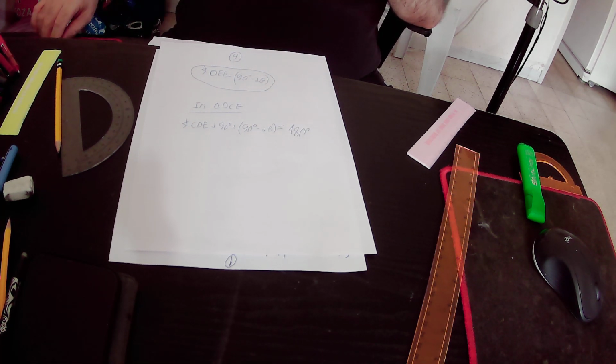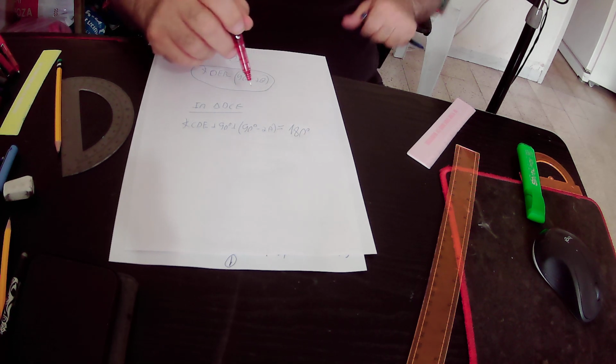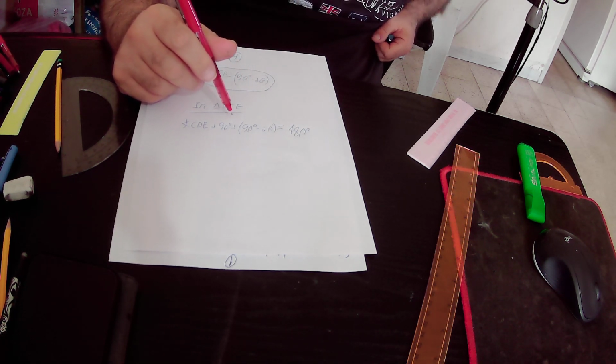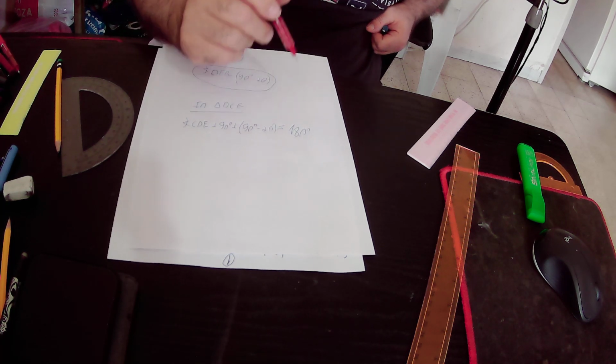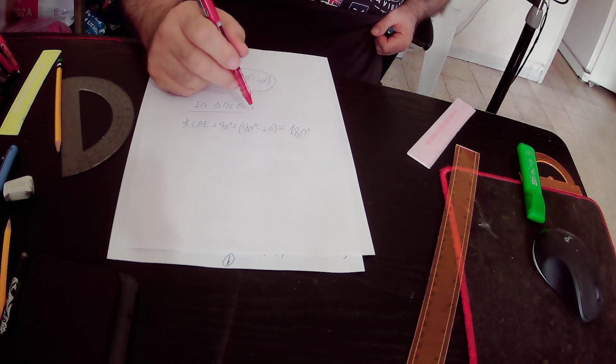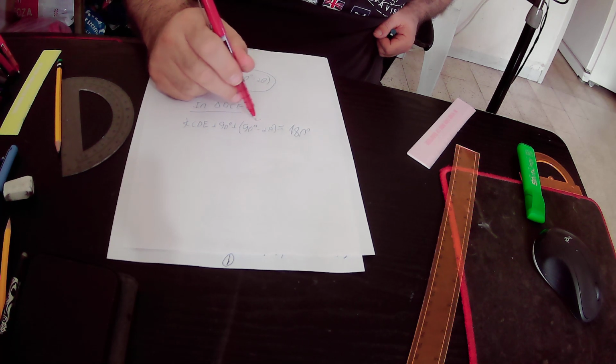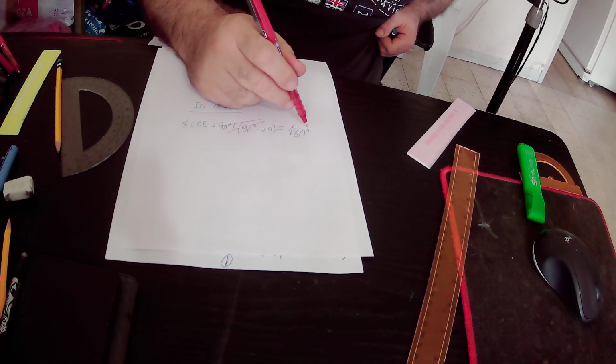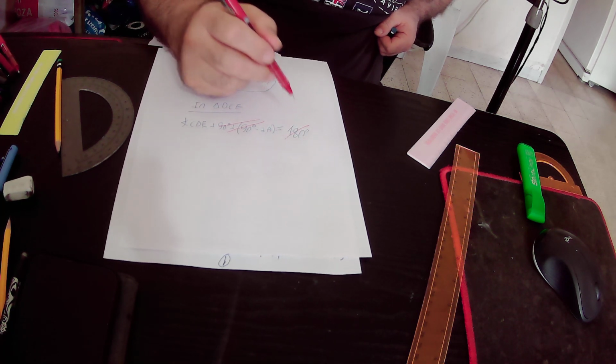So here we have 90 degrees plus 90 degrees, which is 180 degrees, on this side of the equality, and we have 180 degrees on the other side, so we can cancel 180 degrees because it is on both sides.